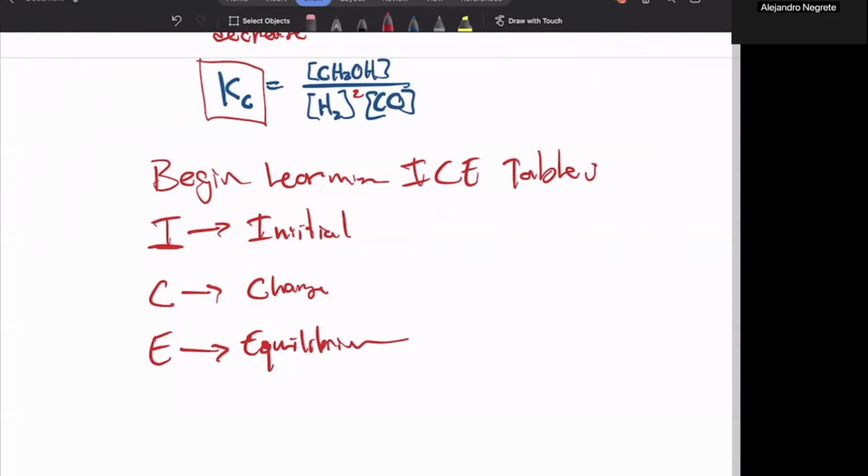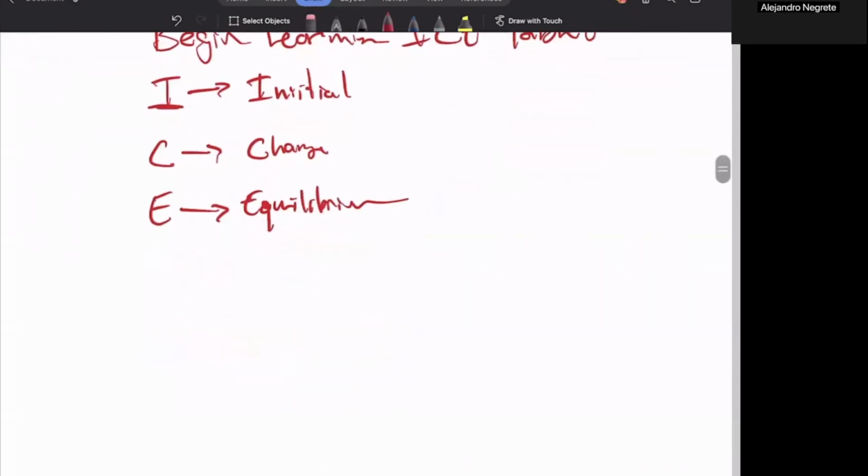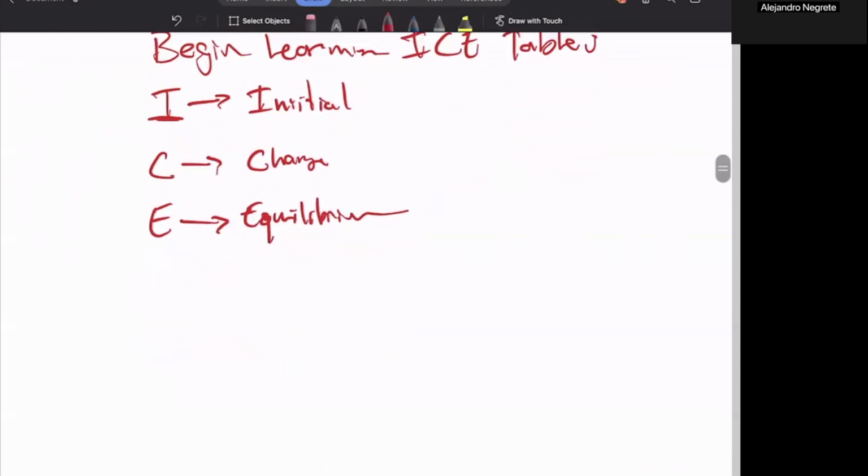So we'll start off small. The first thing we're going to do is learn how to determine relative changes in concentration. That's our first step into understanding how we're going to build these ice tables.